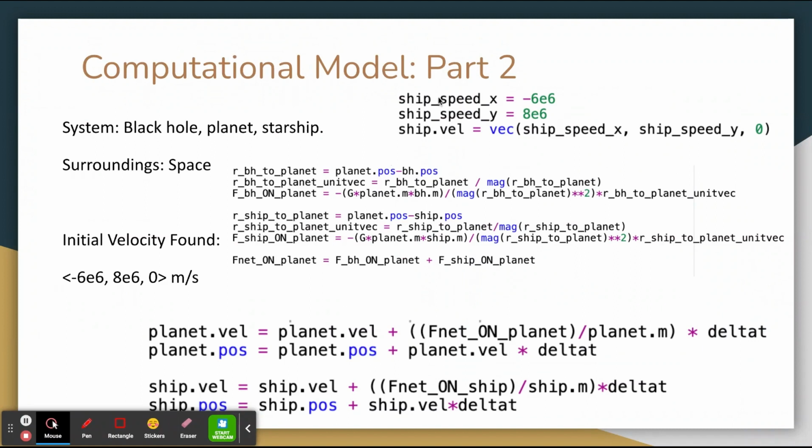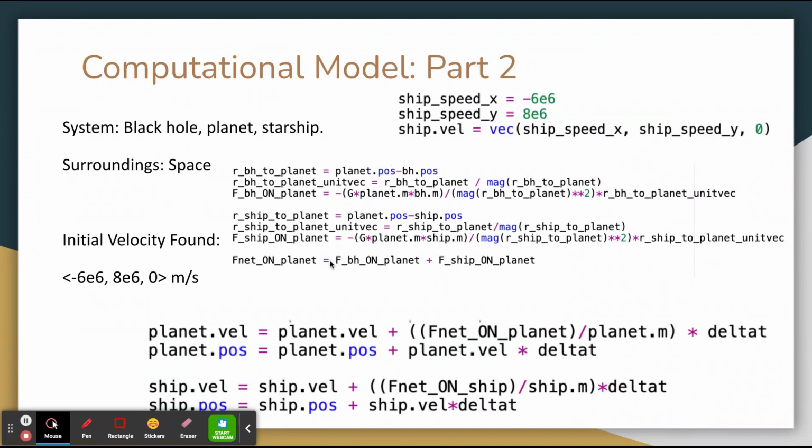For part 2, we had to find the trajectory of a spaceship going around the black hole, with another planet also orbiting the black hole. So here our system is the black hole, the planet, and the starship, and their surroundings are space. Basically, we had to find the net forces on each of our 3 objects in our system.